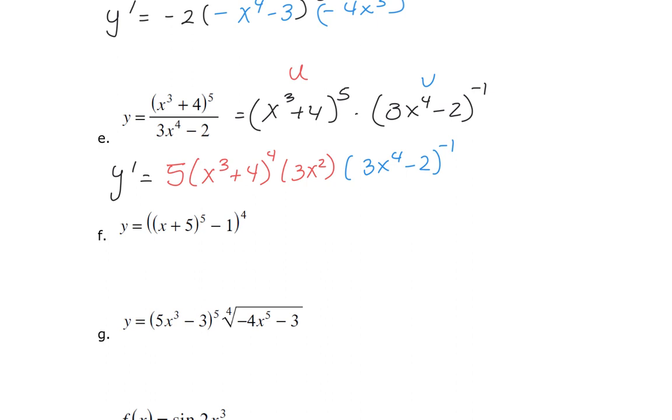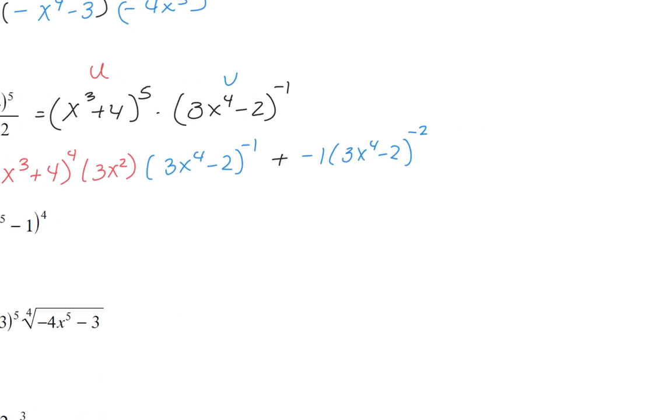And then it's going to be plus the derivative of my second function, v, so it's going to be negative 1, 3x to the 4th minus 2 raised to the negative 2, multiplied by the derivative of the inner function, which is going to be 12x cubed, multiplied by my first function, which was x cubed plus 4 raised to the 5th power.